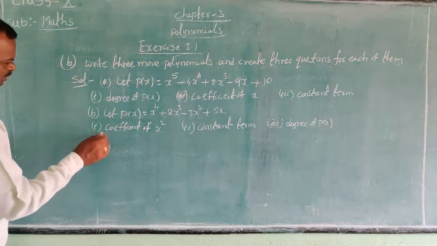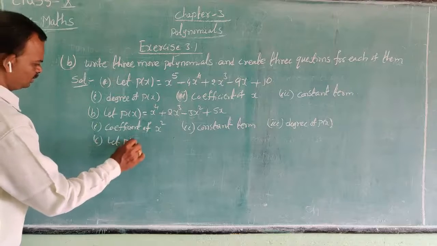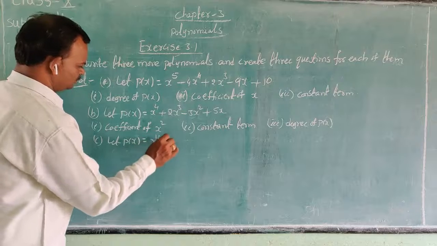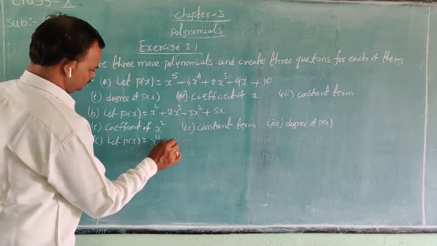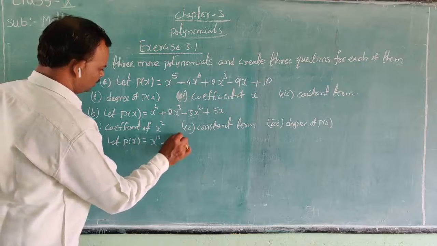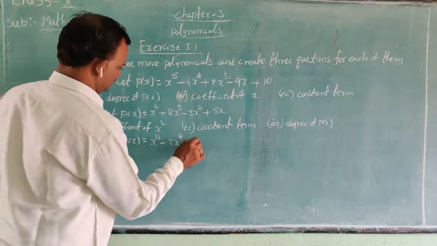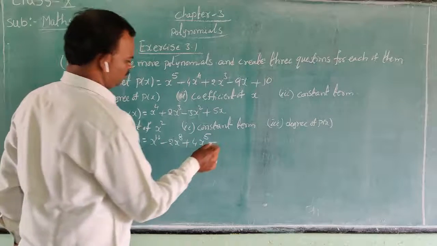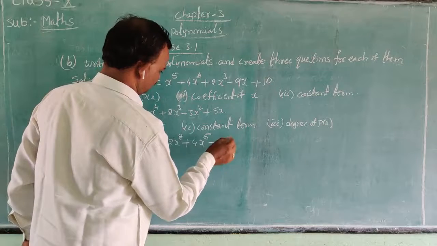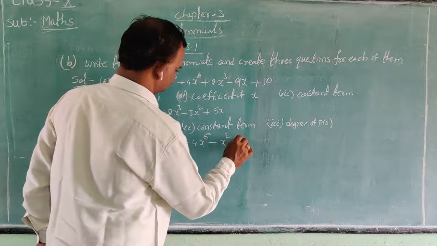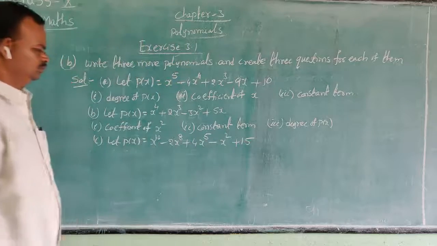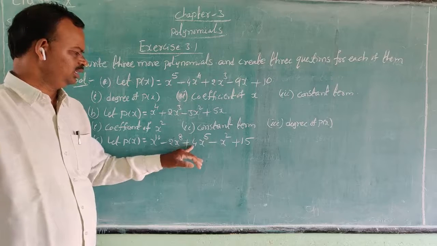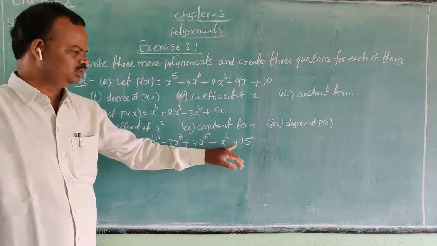And third, let P of x is equal to, we are writing another polynomial, x power 10 minus 2x power 8 plus 4x power 5 minus x square plus 15.